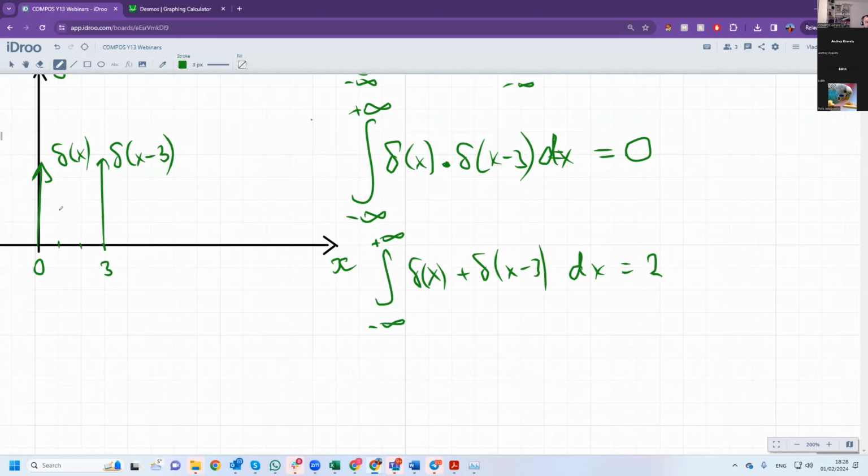That also follows from the fact that the integral is linear. So you have the integral of delta plus the integral of delta of x minus 3, which is 1 plus 1.